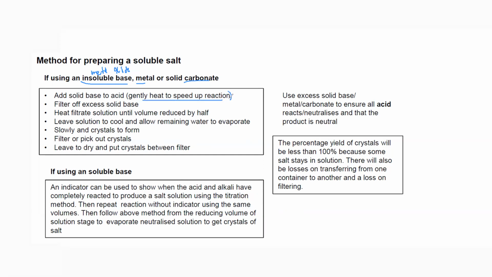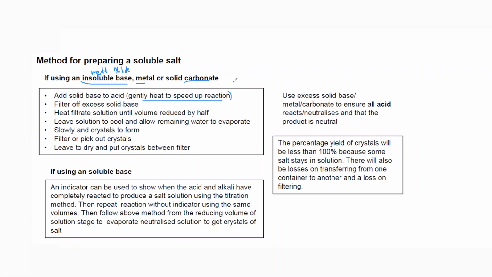Why? To speed up the reaction so the reaction can occur. Normally heating is done for metal oxide. Metal oxide does not react easily at room temperature. The reaction is very slow. That's why we supply heat energy.